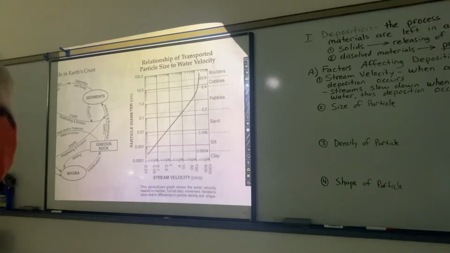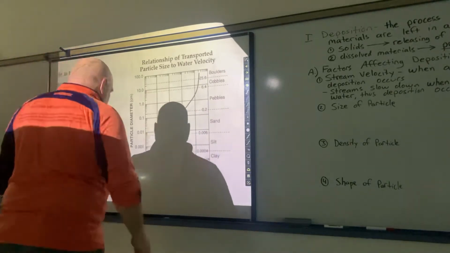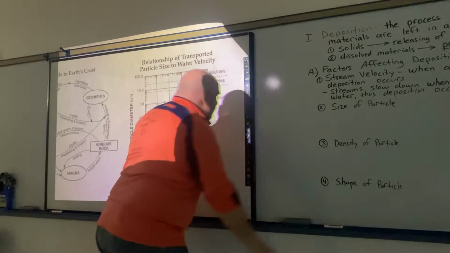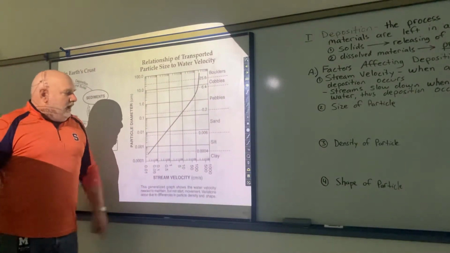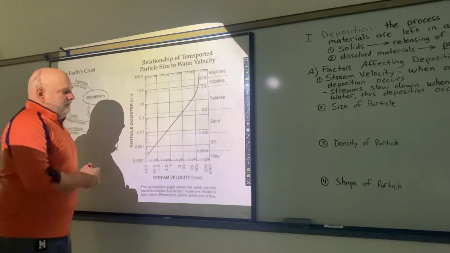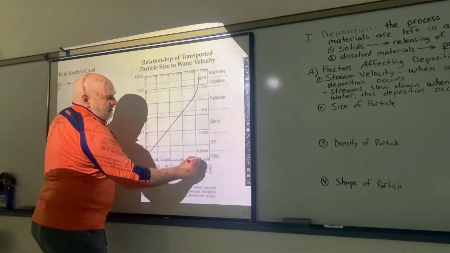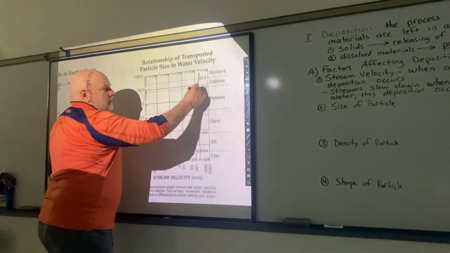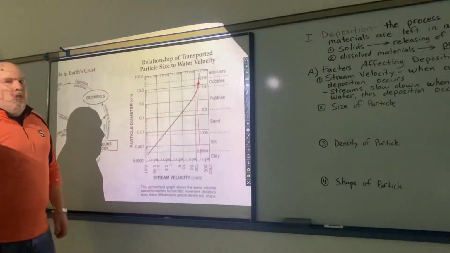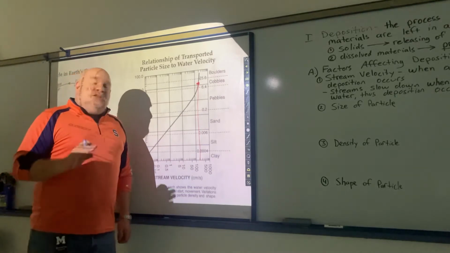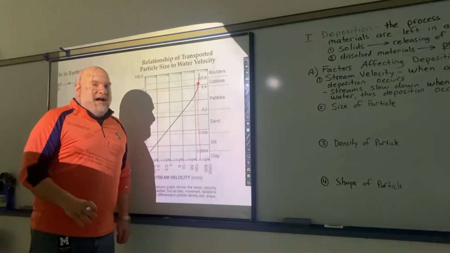All right, so I showed you this chart in the last topic. So for example, let's say there was a stream that was traveling 200 centimeters per second. If it's traveling 200 centimeters per second, what that means is it could carry cobbles. Now, it doesn't mean it carries only cobbles.